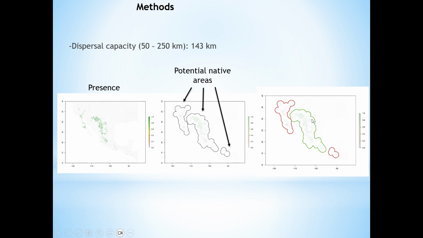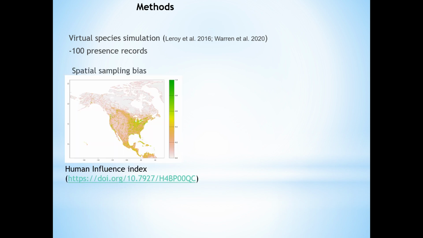The potential invasive ranges were those presences falling outside of the native range, which is shown here in red. From this native range, 100 occurrence records were selected with a probability equal to the occurrence probability times the magnitude of the spatial sampling bias, which was simulated here using the Human Influence Index dataset, standardized with values from 0 to 1.